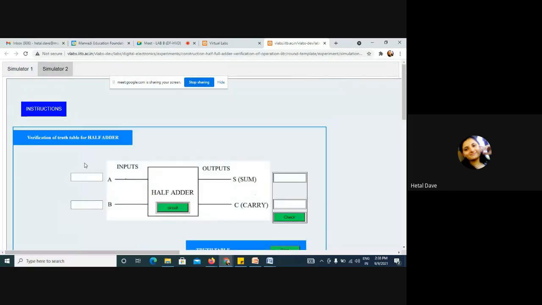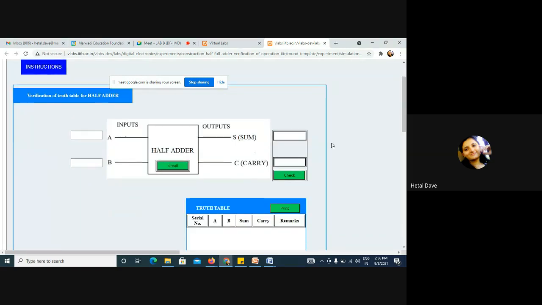In simulation 2, you will enter the input and output bits manually, and then click on check. Right now I haven't entered anything. Let's say 0, 1 is my input, so sum will be 1, carry will be 0. I will click on check.